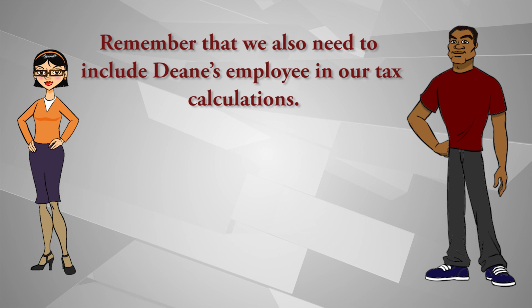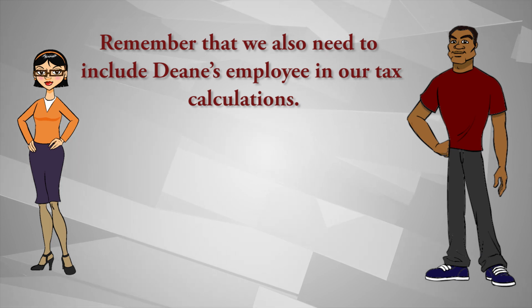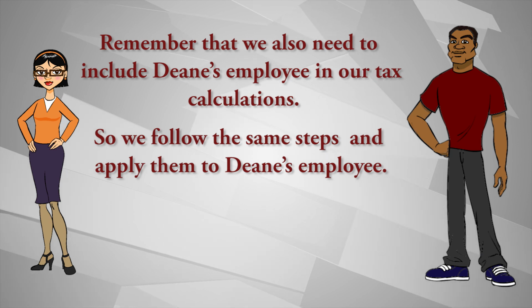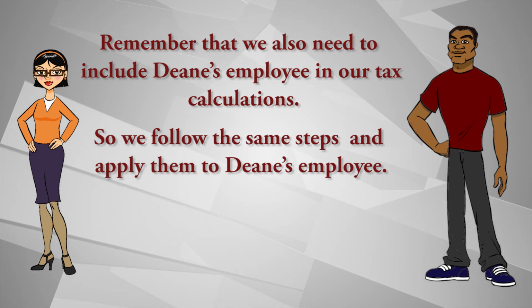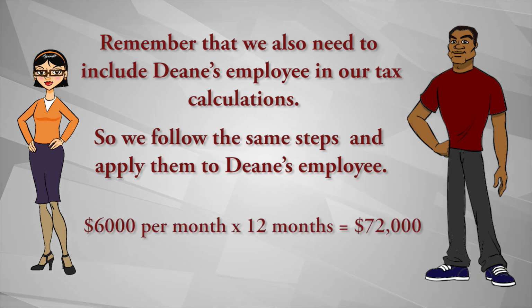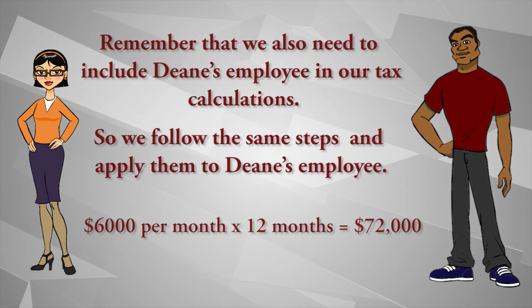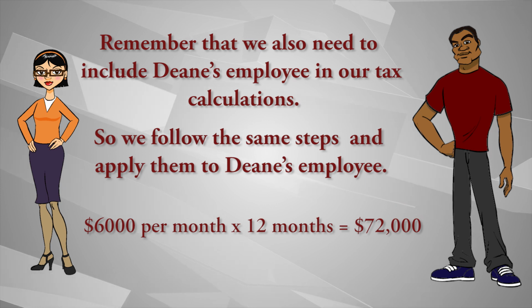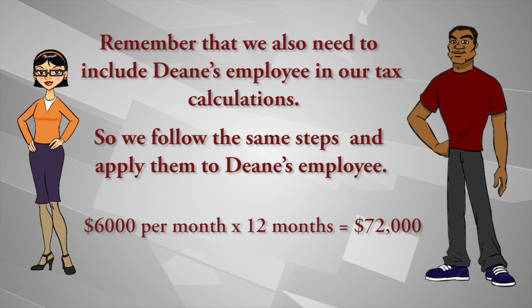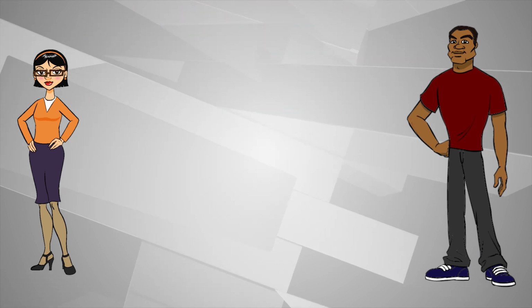Remember that we also need to include Dean's employee in our tax calculations. So we follow the same steps and apply them to Dean's employee. Remember, his employee earns $6,000 per month. By multiplying his remuneration by 12 months, we learn that Dean's employee's annualized remuneration is $72,000.